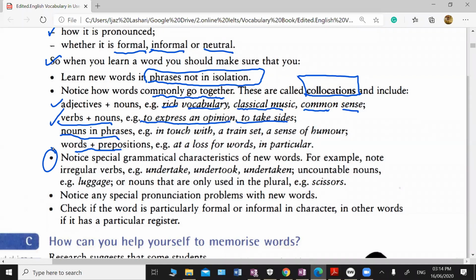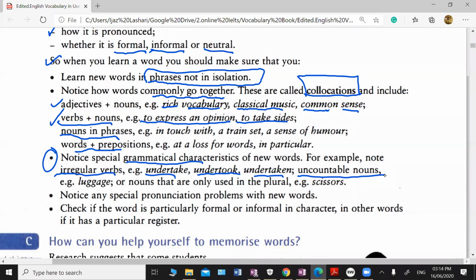notice special grammatical characteristics of new words. For example, note, it means you should also look at the different grammatical structure of the word. For example, if it is a regular or irregular verb. For example, undertake, the irregular past is undertook, or undertaken. Or whether a noun is uncountable or countable. Every time you look at a word, you try to understand its grammar.